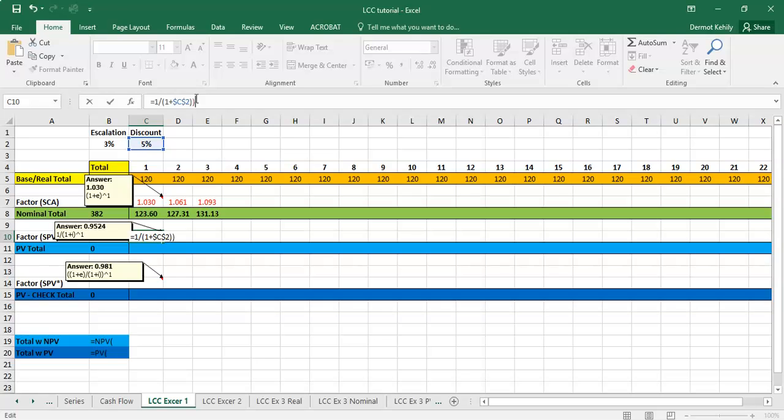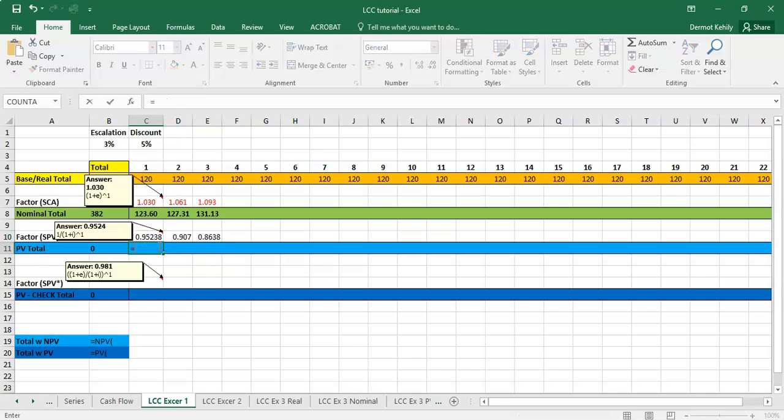Actually, I think I need to put brackets at the end and at the start, and then to the power of, and it's going to be the 1 again. Okay, so that's 0.9524, and that's essentially what that is. And if I pull that across, because I've locked my cell, it should work from item to item.